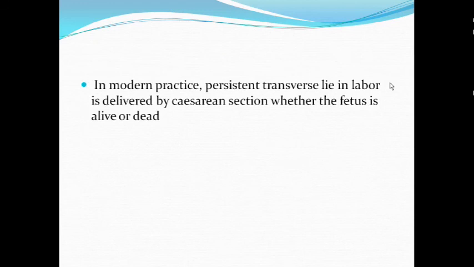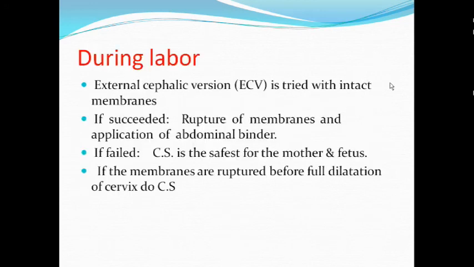But if the patient comes in proper labor with good uterine contraction, you will not be able to do any external cephalic version or podalic version. Then you have to take the patient for cesarean section. In modern practice, if a patient comes with persistent transverse lie in labor, we have to do cesarean section, in a live or a dead fetus. During labor, try with intact membrane. If it succeeds, rupture the membrane and apply an abdominal binder.